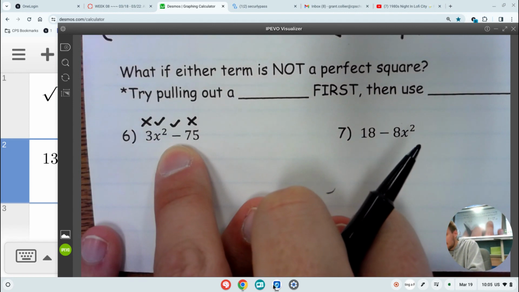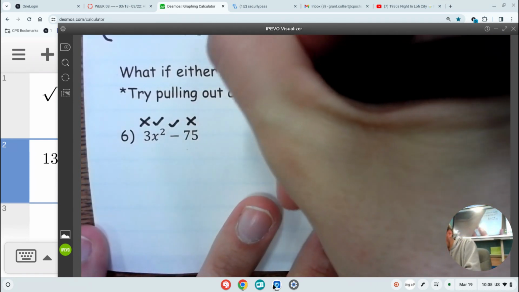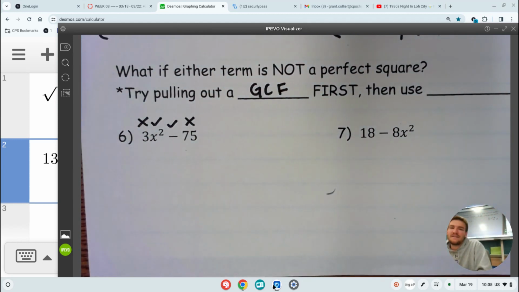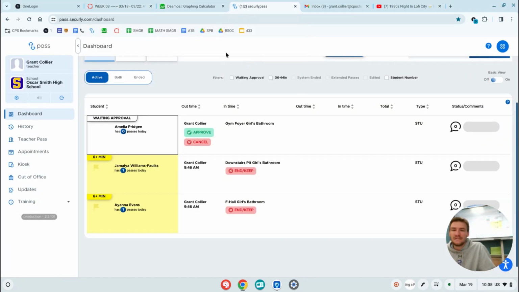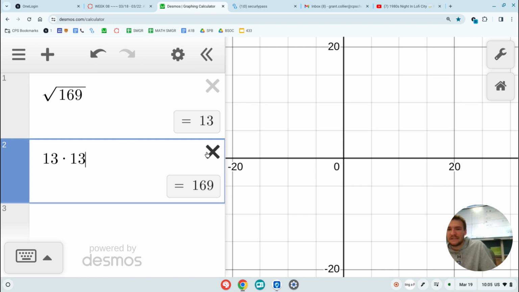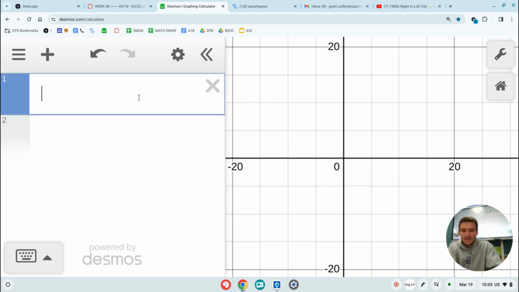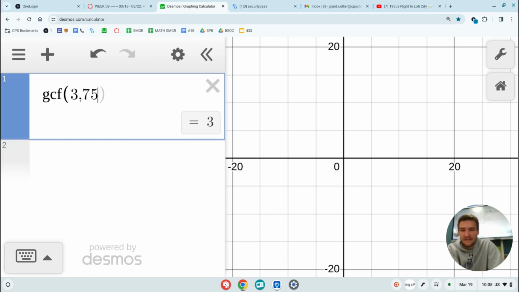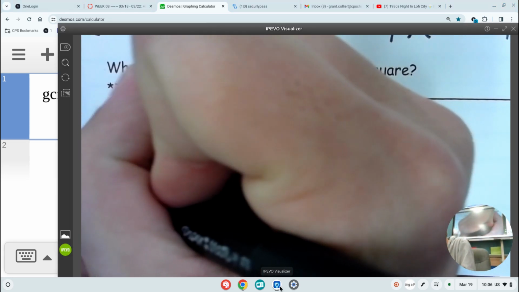But try pulling out a GCF first. A greatest common factor. Okay. Desmos. Again, I promise you want to see this. Desmos, GCF parentheses. I hope you remember how to do that. 3, 75. It's 3. So let's put a 3 here.